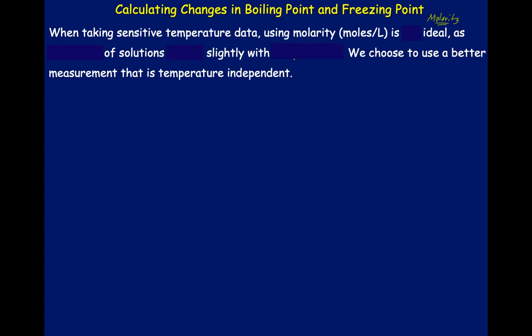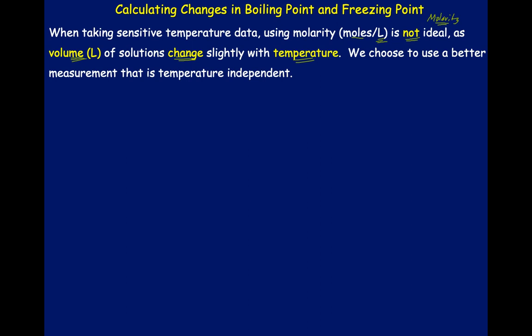When taking sensitive temperature data, using molarity, which is moles per liter, is not ideal because the volume of solutions will change slightly with temperature. When we're heating and cooling something, we don't want the molarity to change.